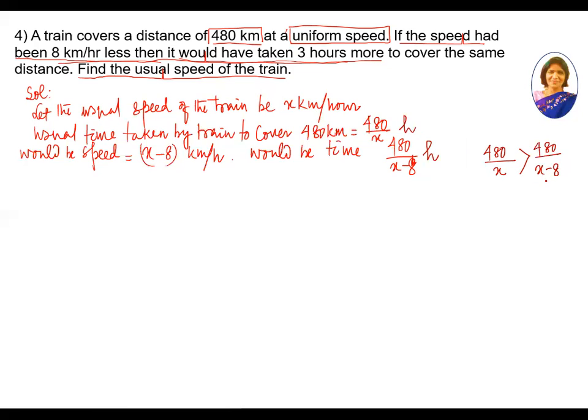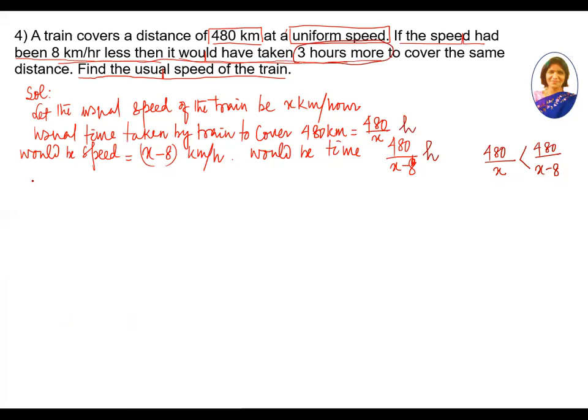Or when the denominator decreases, the value increases. So this is wrong. What will it be? It will be 480 by x is less than this. How much less? It will be 3 hours less. It will take 3 hours more.